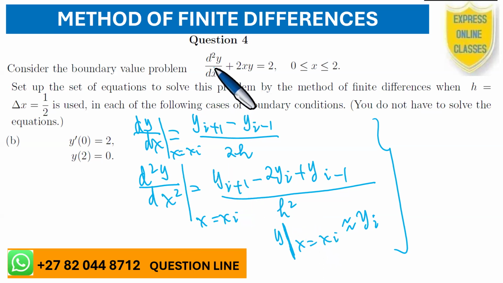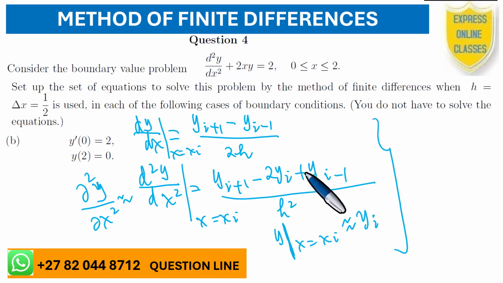Okay, you look at the fact that now the d squared, we also stated that at this point we used it as partial squared y over partial x squared, which was approximately that. So obviously we used it for the partial in the previous question we did last time, and then here we have the total derivative, and we use it in the same way.